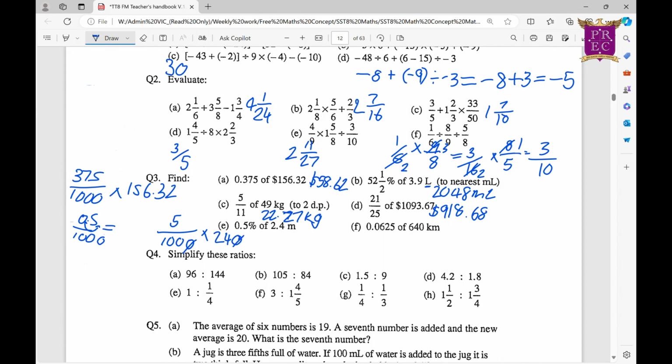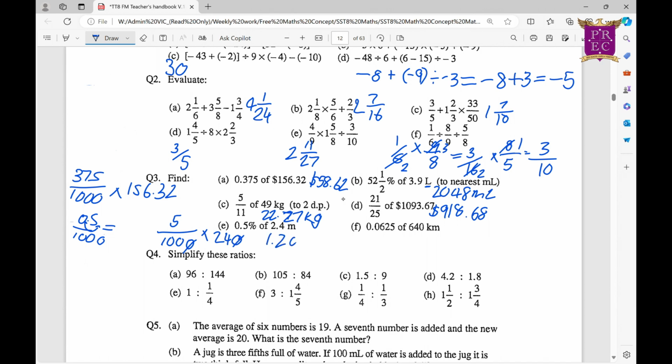Cancel it out. 24 times 5 is, no, 24 times 5 gives 120. And then 120 divided by 100 is 1.2 centimeters, which is the answer.